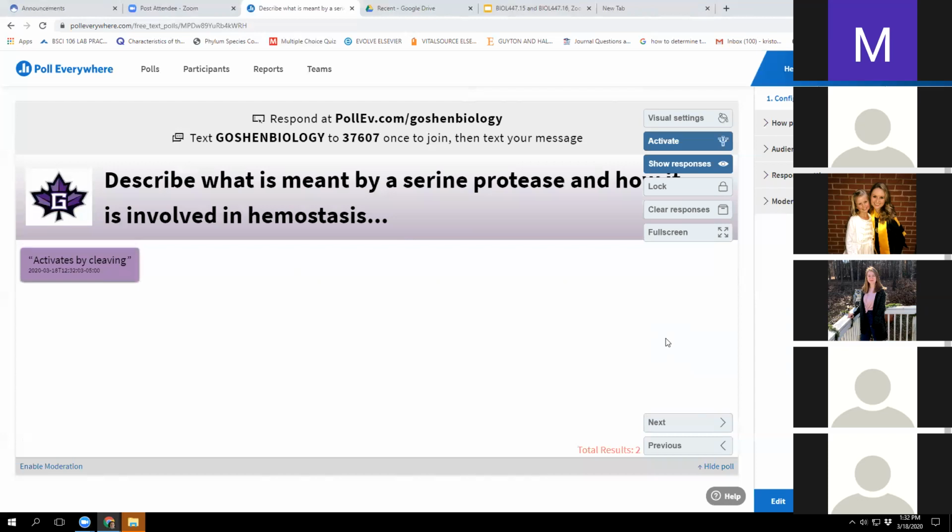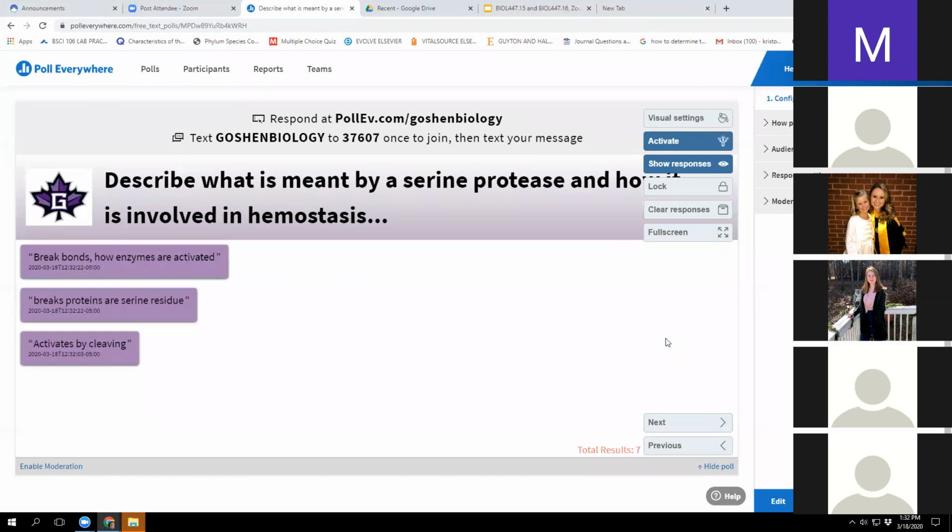I got one answer so far: breaks proteins at a serine residue. Activates by cleaving. Yeah, breaks bonds, cuts serine groups.